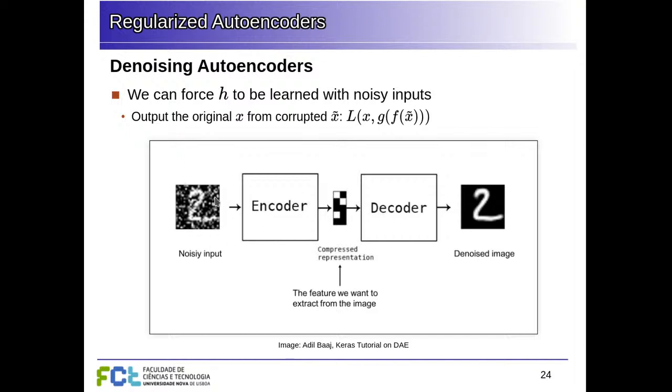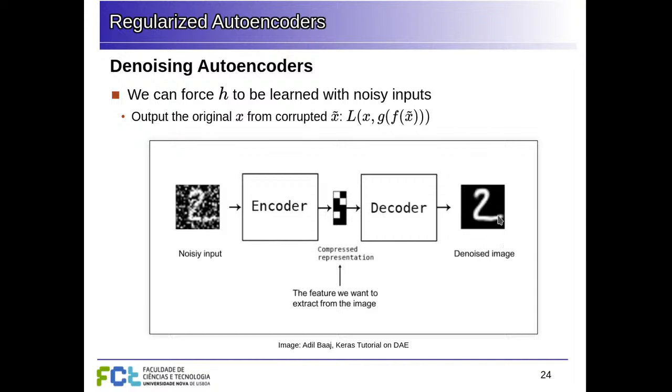We are going to present to the network as input a noisy version of each example. For instance, we can randomly switch off some of the inputs. In this case, we have an image from the MNIST dataset, and some of the inputs are set at white. And now we pass this into the autoencoder, but we require the autoencoder to output the original image without noise.